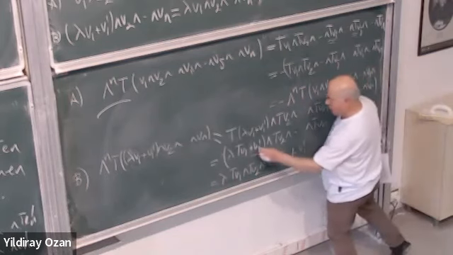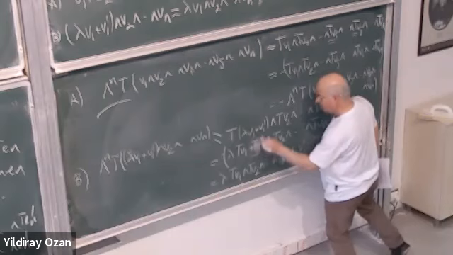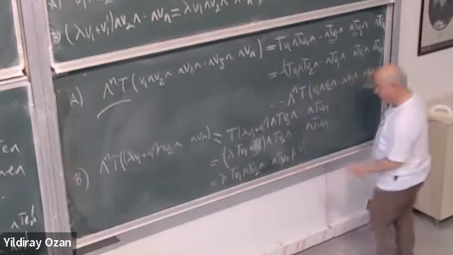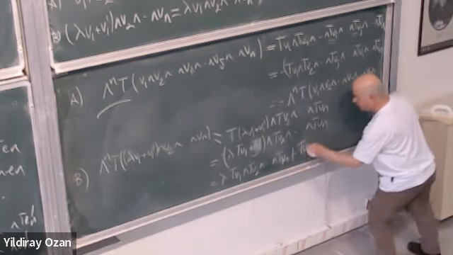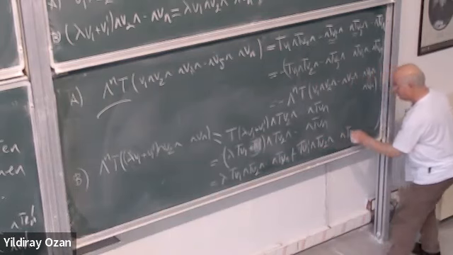Of course, I have T, right? TV1 prime. I apply T to both of them. So I have TV1 prime, wedge TV2, wedge TVn.